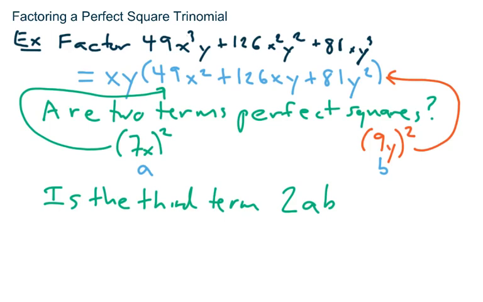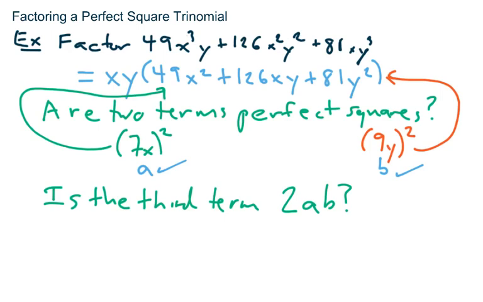Take the term that is squared first and the term that's squared second, and ask yourself what would happen if I multiply 2 times the 7x times the 9y. Let's see what would happen.